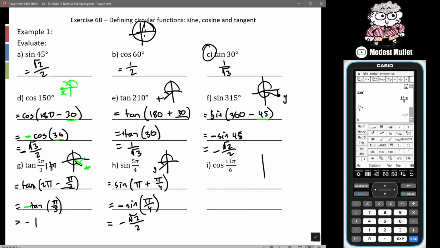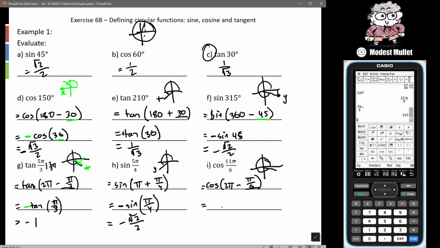Cos 11 pi on 6, well, that's almost 2 pi because 12 pi on 6 would be 2 pi. So that's clearly going all the way around to almost over there. So I can write that as cos of 2 pi take away something, and that's just going to be take away pi on 6.